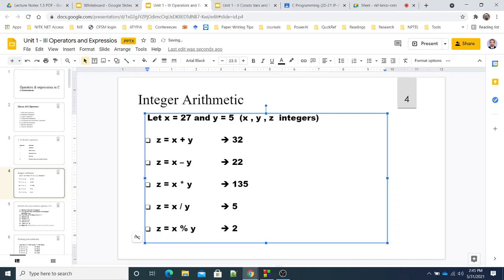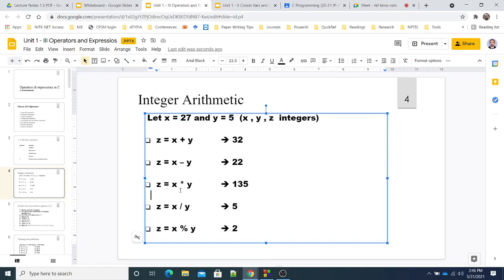So x divided by y is 5. It is not 5.4. It is 5. Since this is an integer and this is also an integer, the result will be an integer. Even though sometimes we expect in mathematics the result of x by y as 5.4, since x is 27 and y is 5.